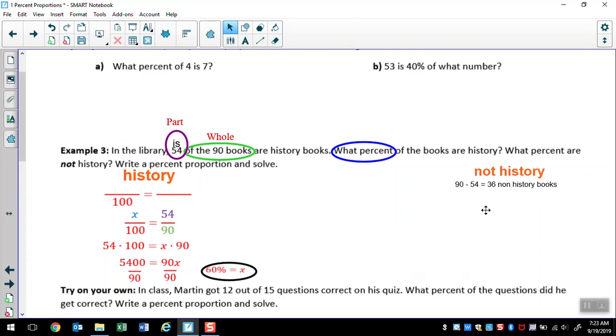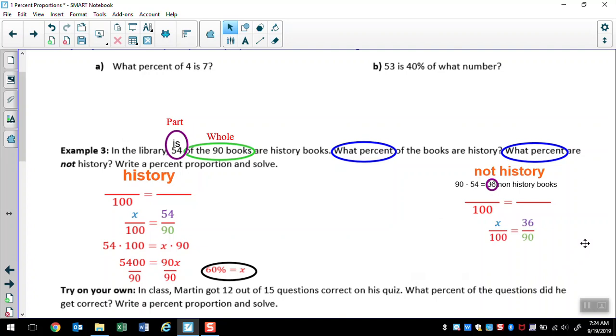All right, so let's start filling this in. So what percent again, not history books. So there's our part. We're still working out of 90, so we're going to have our 100. Our percent we don't know. And we're going to base this on 36 out of 90 books are not history.